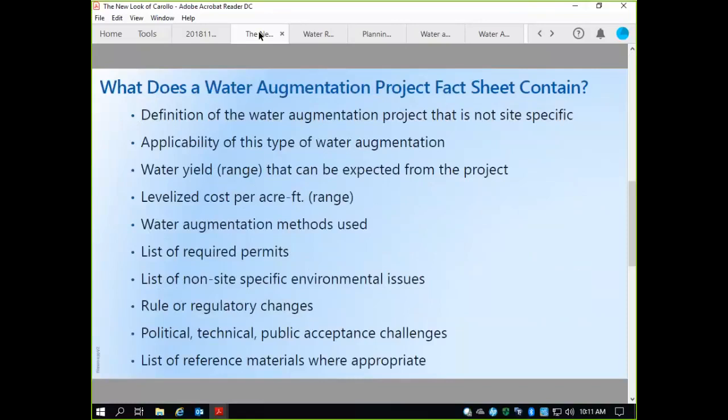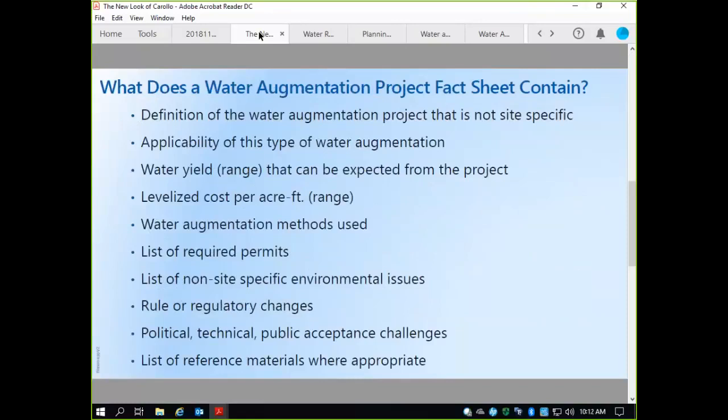Then we have some of the important information, like a range of the water yield, a range of cost per acre foot. We would look at what kinds of augmentation methods are used, because some of the projects require multiple methods to bring a complete package together. And then we would identify information such as permits, non-site specific environmental issues, rules or regulatory changes that might be required, political, technical, and public acceptance challenges, and then put some reference sources for additional information if somebody wanted to investigate.